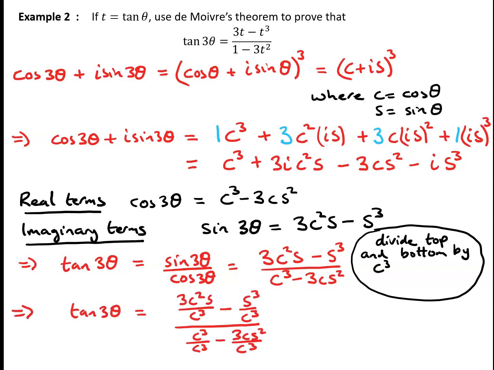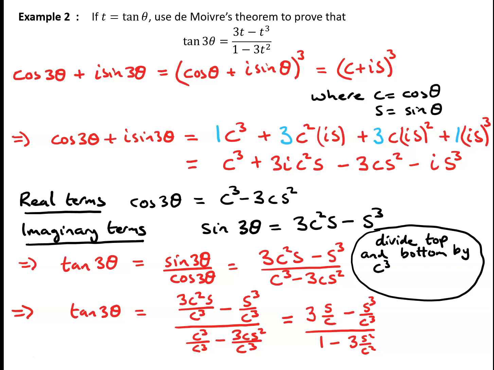If I do that, I'm going to end up with 3c squared s divided by c cubed minus s cubed divided by c cubed, over c cubed divided by c cubed, take away 3cs squared divided by c cubed. Now, c squared s divided by c cubed just gives me s over c. S cubed over c cubed, I can't do anything with at all. C cubed over c cubed gives me 1. And cs squared divided by c cubed just gives me s squared over c squared.